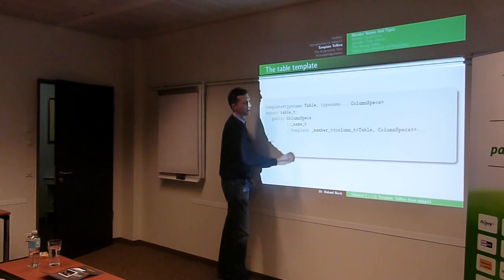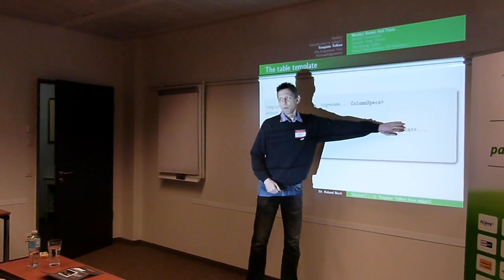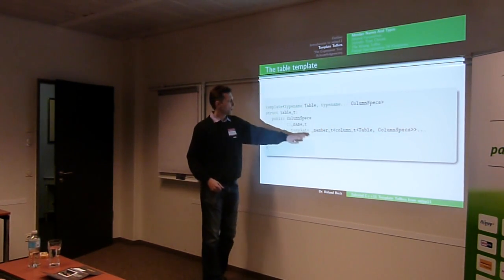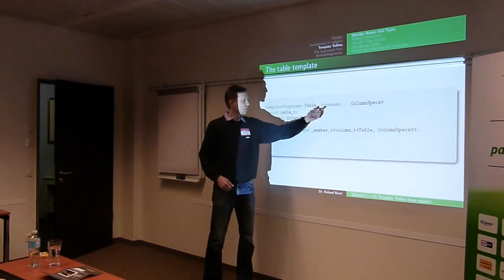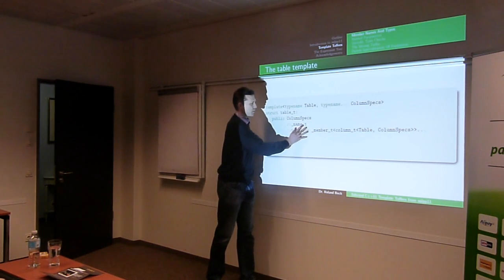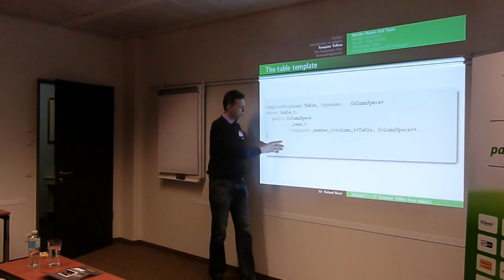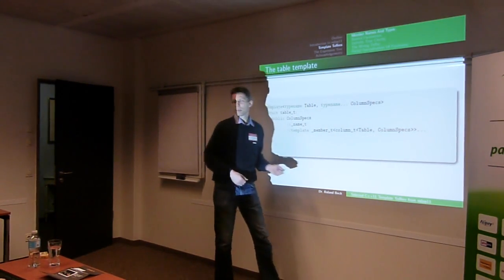And the member template says, okay, I have a member of this type with a name ID. So with the first template parameter after the table itself is the ID column, then the first inheritance gives you a member called ID with a correct type, which is this column.